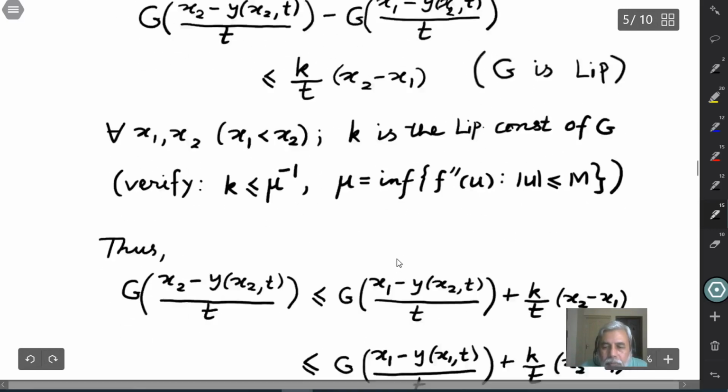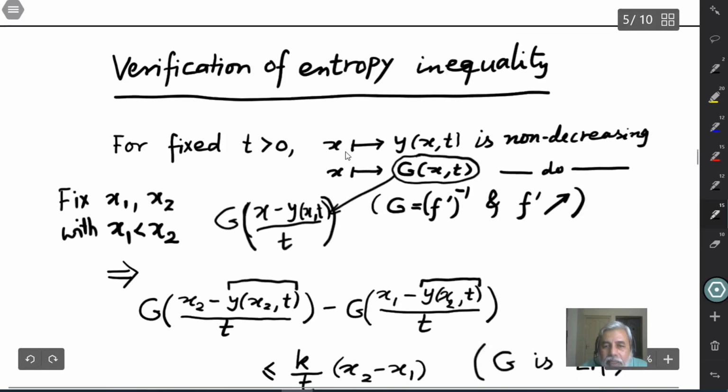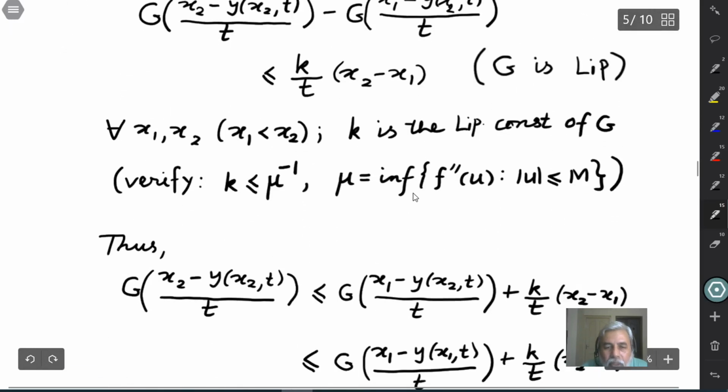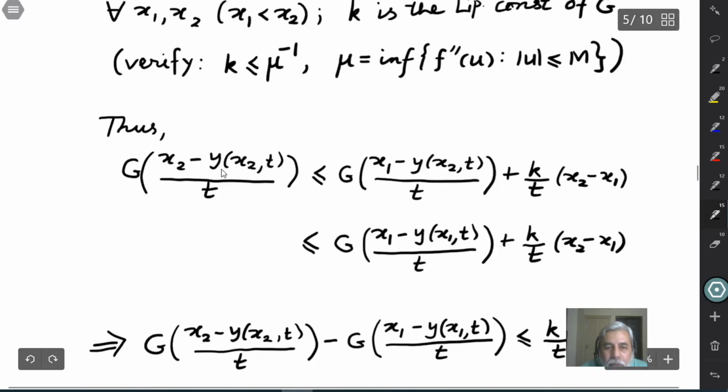Now we use that the function x going to y(x,t) is non-decreasing, so we rewrite this. Take the negative term to the other side: g of (x2 minus y(x2,t)) by t is less than or equal to g of (x1 minus y(x2,t)) by t plus k by t times (x2 minus x1). That is the first line.